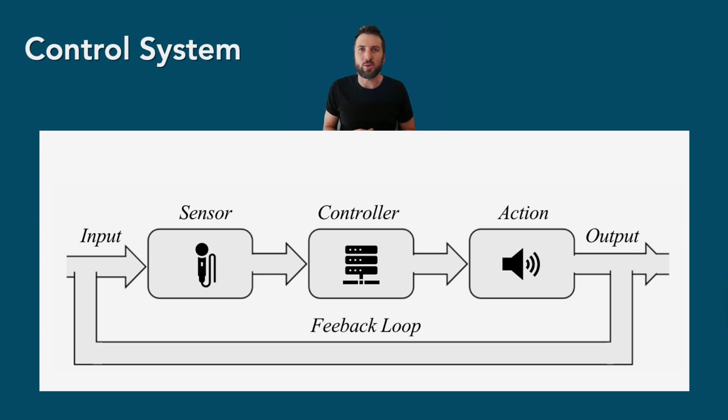Now, control systems are really fundamental to cybernetics, which is the study of control and communication in the animal and machine. So cybernetics is really related to control systems, also communication systems. And this image below is also showing a cybernetic loop. This is essentially when the action can go back to the sensor.